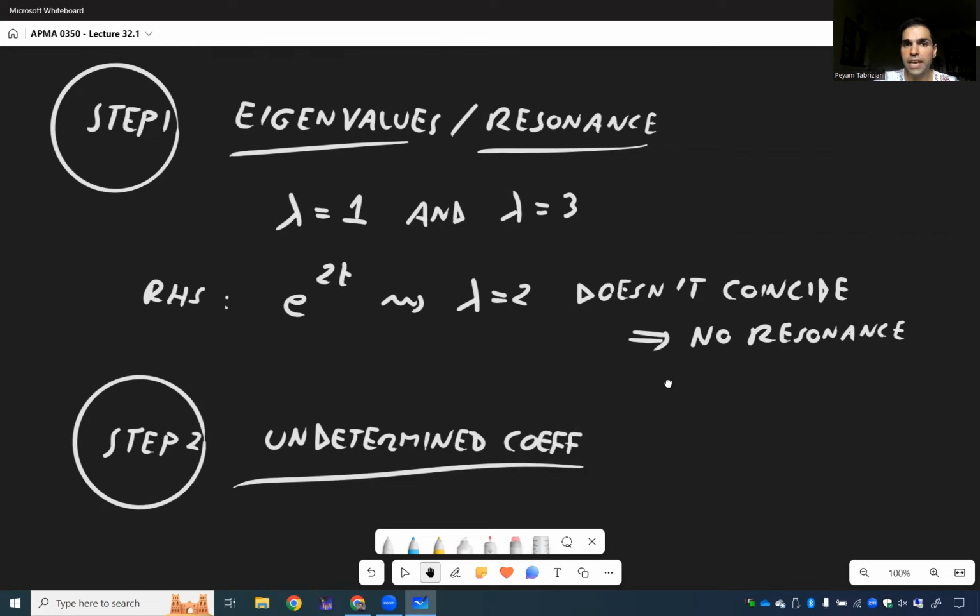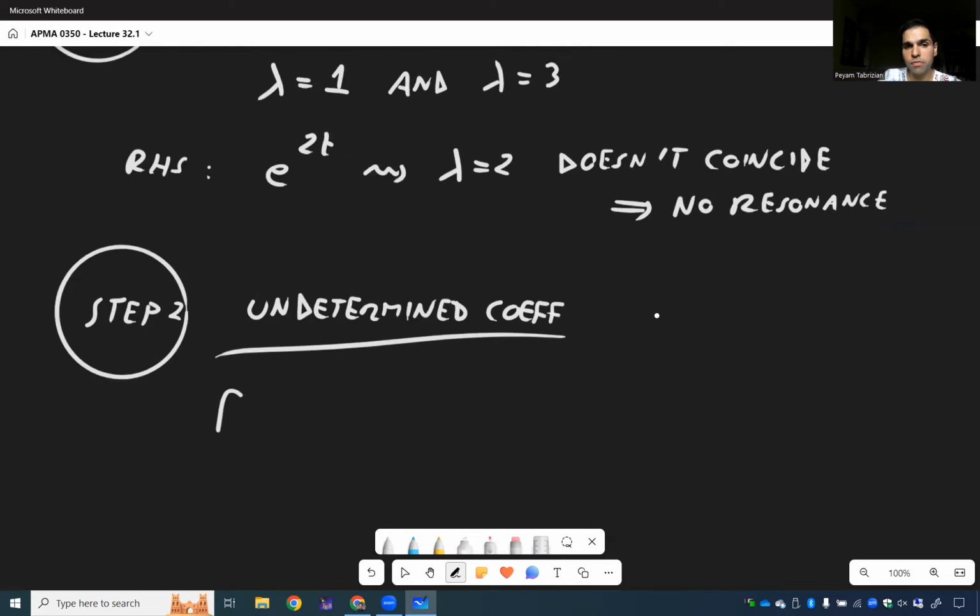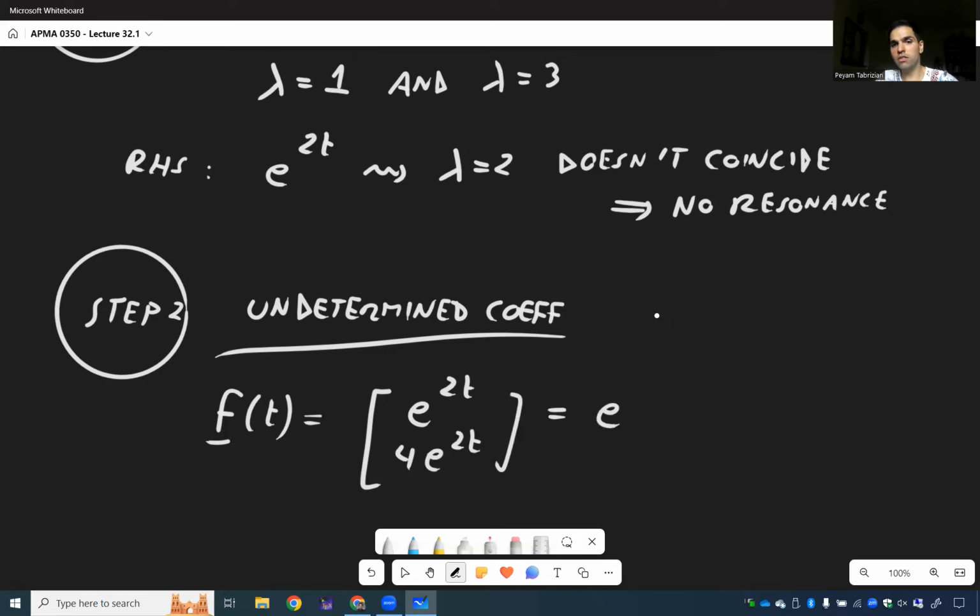So in this case, our inhomogeneous term, f of t, is e to the 2t and then 4e to the 2t, which if you want, just factor out e to the 2t: e to the 2t times (1, 4). And again, what is undetermined coefficients?